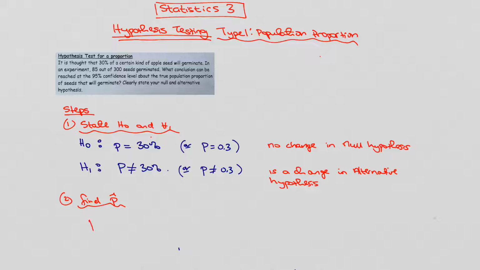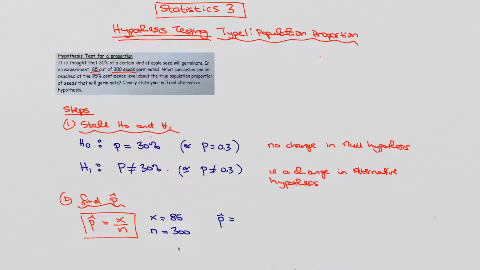Okay, so to find p hat, our sample population proportion, we're using x over n. And remember, that's not in your tables. You need to remember how to do that off by heart. So what is x? Well, x, we are told, is that 85 out of 300 seeds germinate. In other words, 85 seeds are successful, so that's our x value, and n is our sample size, which is 300.